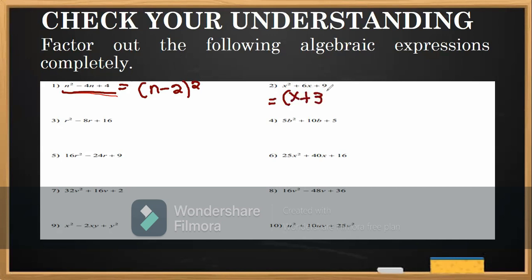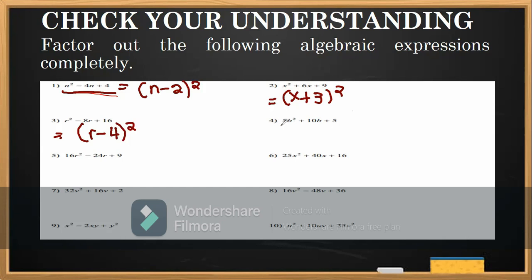For number 2, the answer is x plus 3 squared. For number 3, we have r minus 4 squared. For number 4, since the algebraic expression given is 5b squared plus 10b plus 5, we cannot factor this by using perfect square trinomials.